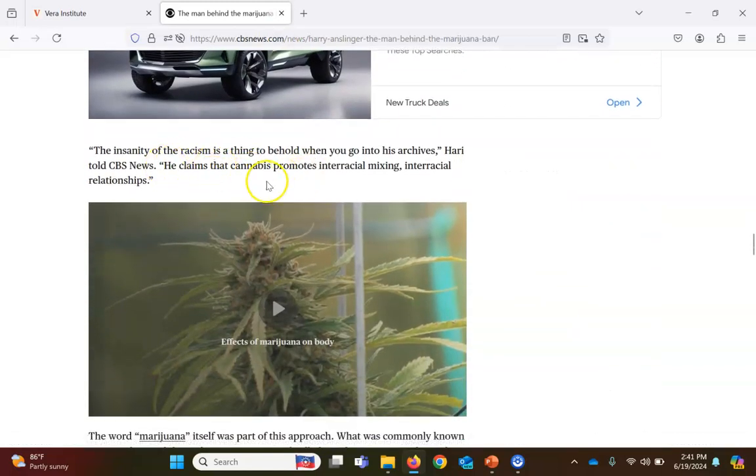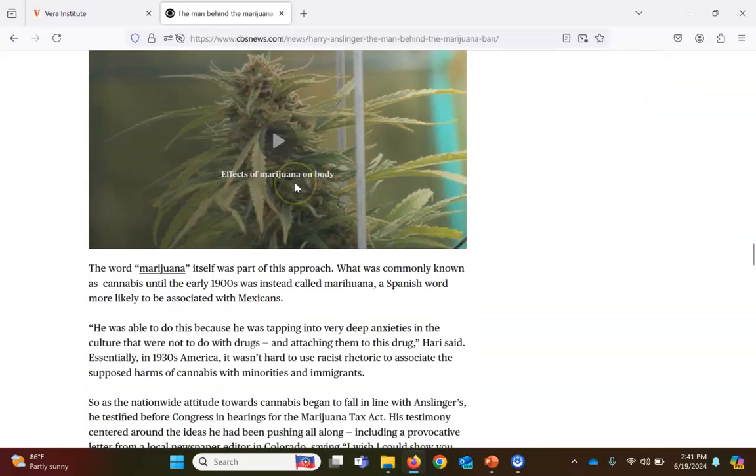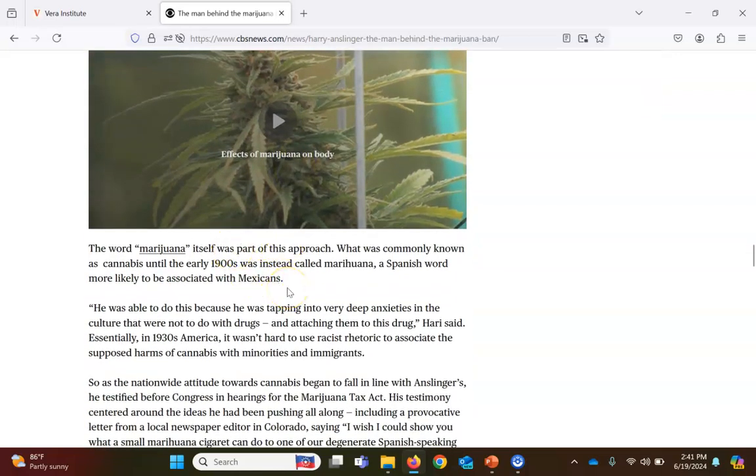He claimed that cannabis promoted interracial mixing and interracial relationships. And as we talked about, the fact that we call it marijuana is part of that. It was commonly called cannabis, but because it had been brought into the United States by Mexican immigrants, tying it to people who were Mexican made it very negative.